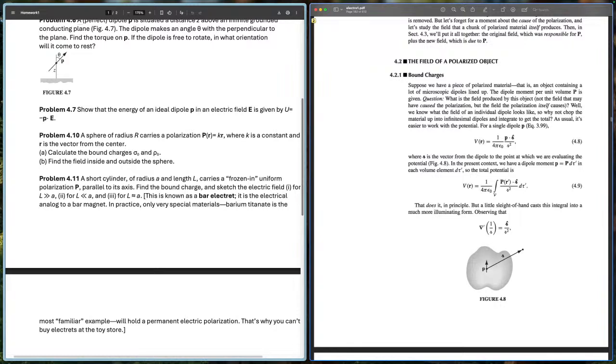So we can take an infinitesimal piece and then integrate it to find the potential. This is in 4.9.